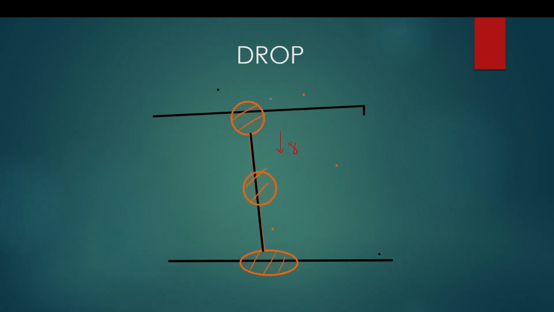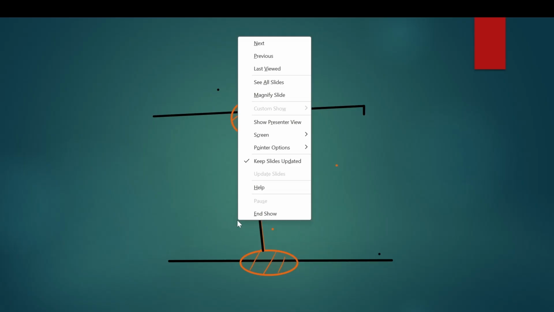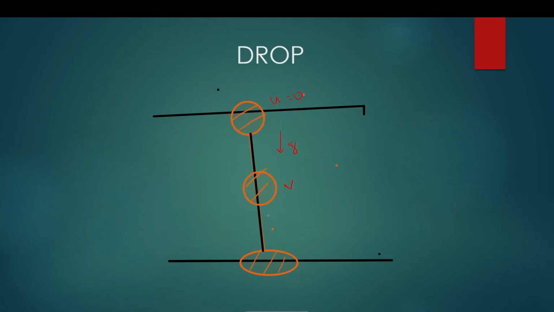So u at this point is 0 since it is at rest, and we will drop it, and here the velocity will become v, and here we will get v dash. Let us calculate the maximum height of the drop and the velocity.